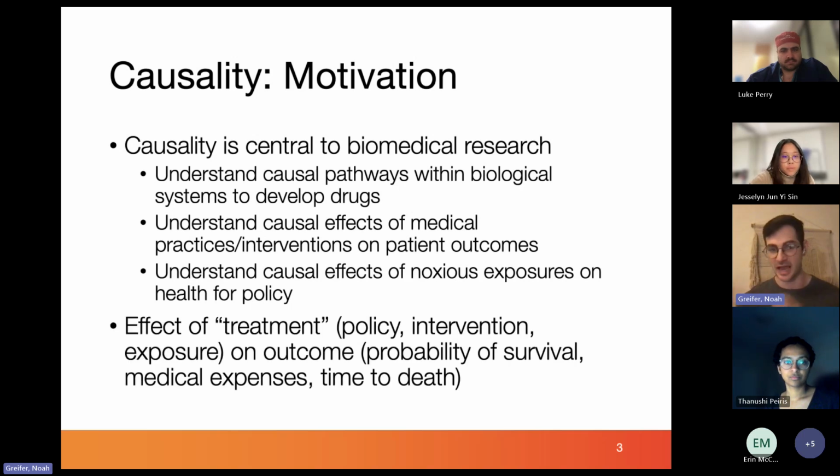Broadly, we're going to understand causal inference in the context of the effect of some treatment. I'm going to use the word treatment, but you can understand that to mean policy or intervention or exposure on an outcome, and that outcome can be whatever it is. For example, the probability of survival after a few months, medical expenses, or time to death.